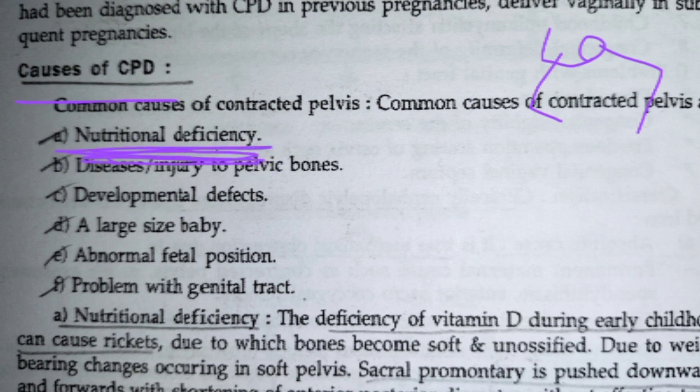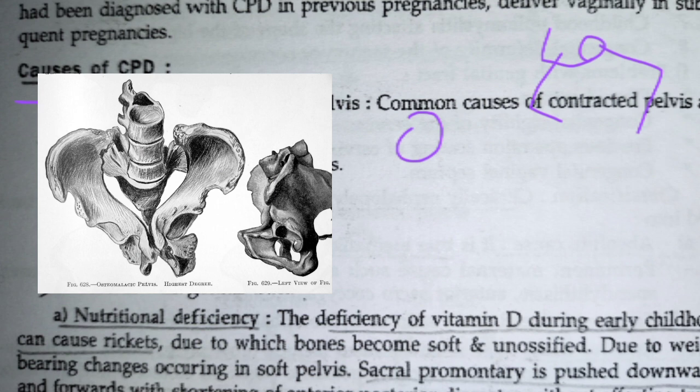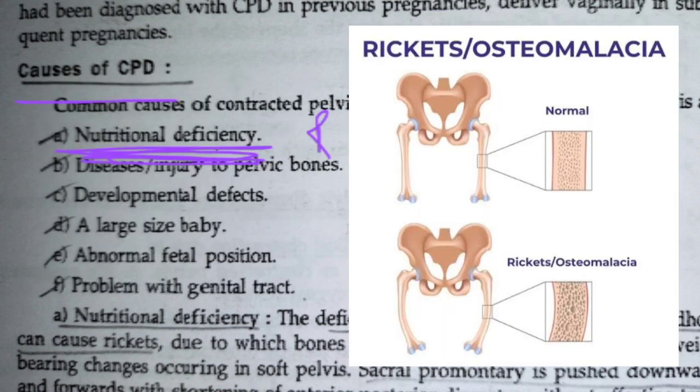One is rachitic pelvis and the other is osteomalacic pelvis. In the rachitic pelvis, the structure of the pelvis is distorted, that is, it's not in the proper condition. And in the osteomalacic pelvis, the bone is not in the proper condition.